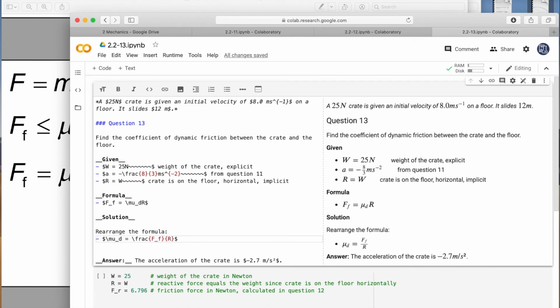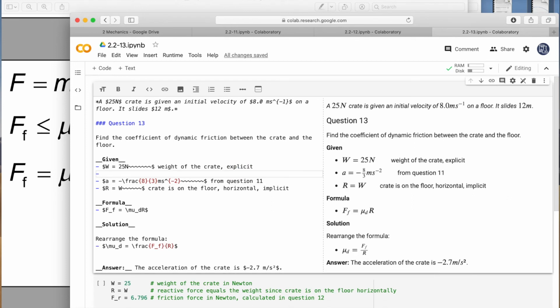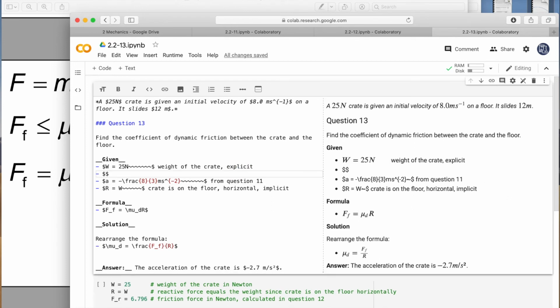So up here we don't need the acceleration, we need the friction force. So friction equals 6.796 Newton.